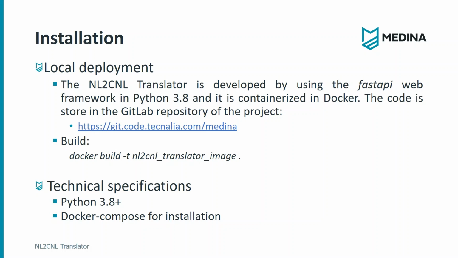Then, the build command and the docker run command can be executed. As mentioned before, this component does not have a graphical interface, but can be tested via a web API. The web API can be accessed at the local host. Regarding technical specifications, the NL2CNL Translator requires Python 3.8 and Docker Compose for the installation.